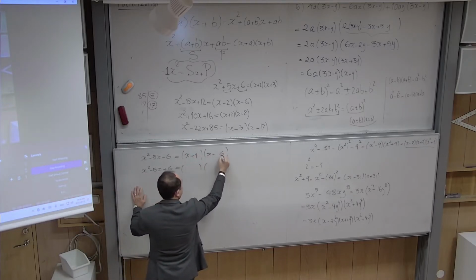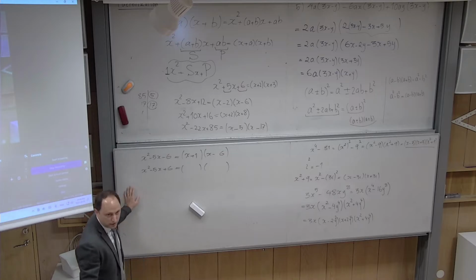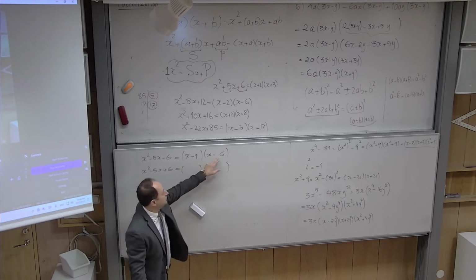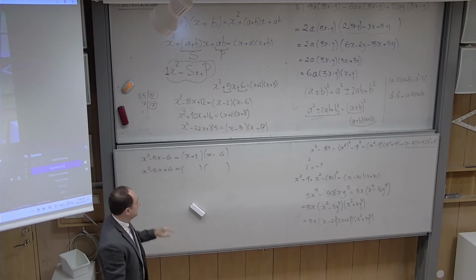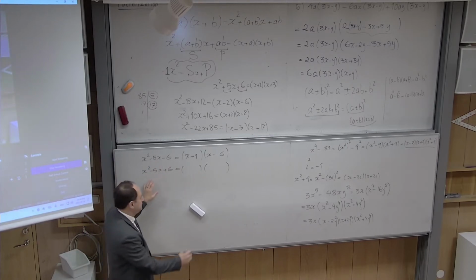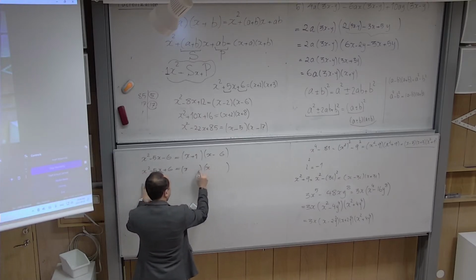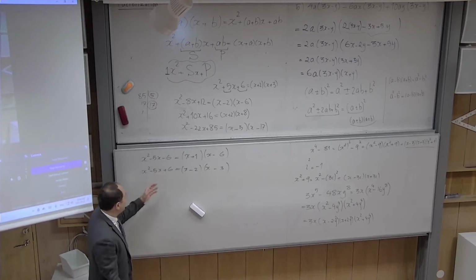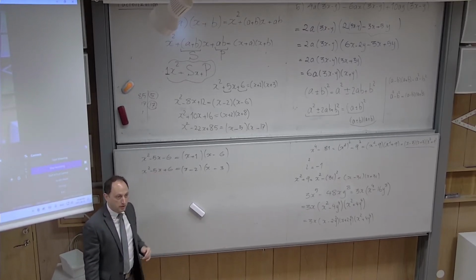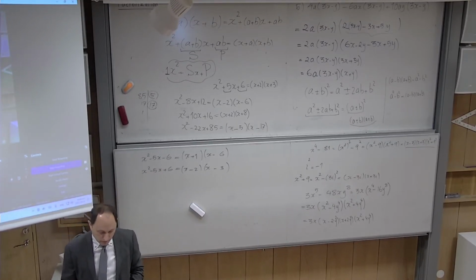It has nothing to do with 2 and 3 in this case. Is that understandable? Because if I add them, it really becomes negative 5. If I multiply them, it becomes negative 6. What about the second one? Minus 2, minus 3. If I add them, it becomes minus 5. If I multiply them, it becomes positive 6.